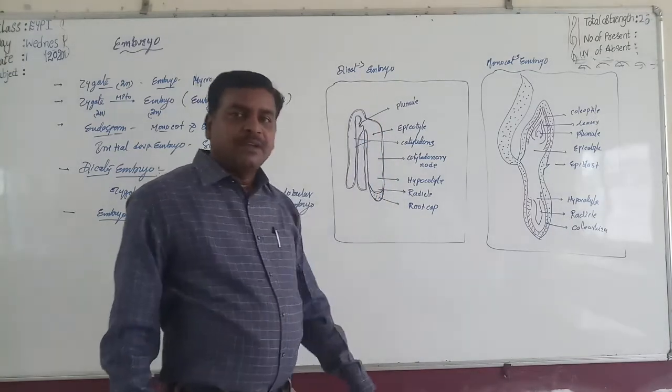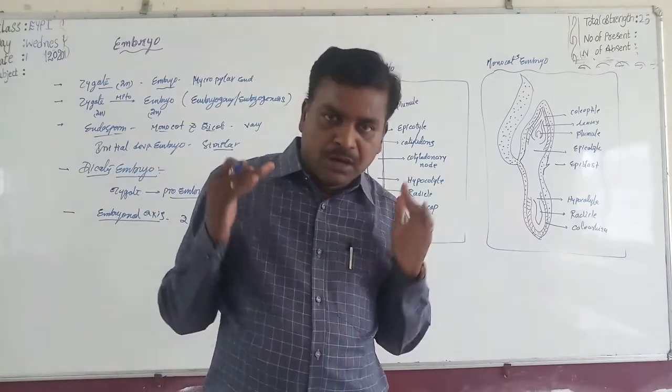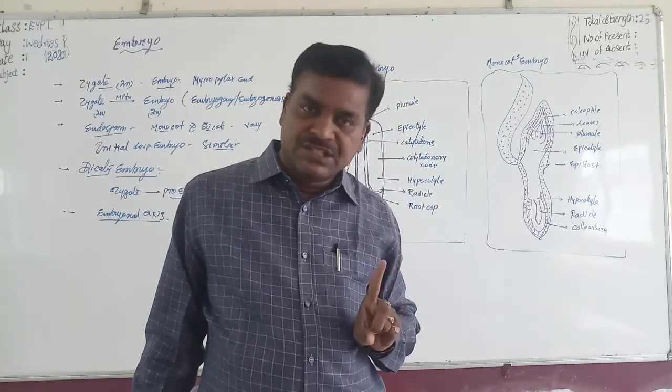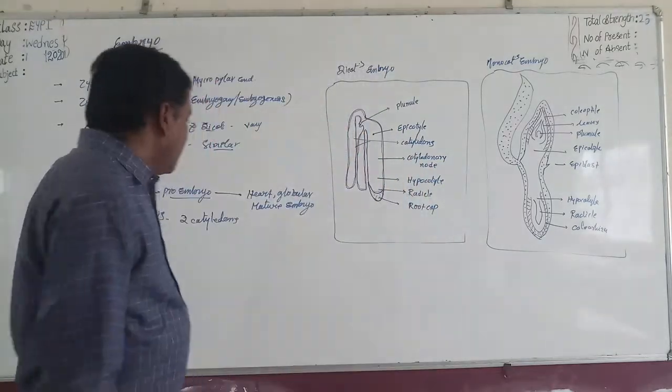In this way, the mature heart-shaped, globular embryo in dicots is represented by the embryonal axis and two cotyledons.